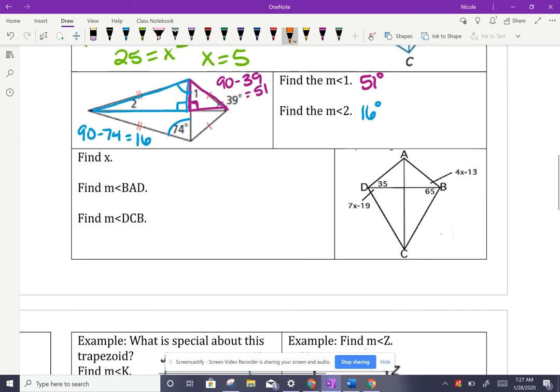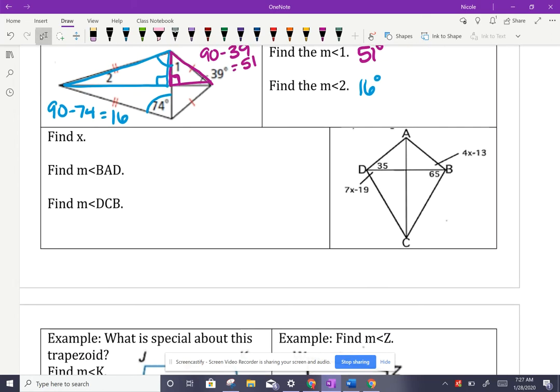Okay, so we have another kite here. It has some things with x's, some missing angles. So first we notice we have 35 degrees over here with angle D. Well, it's going to be congruent over here. And on this side with angle D and this side with angle B, those two are congruent.